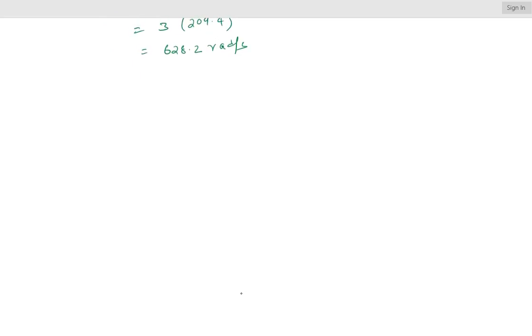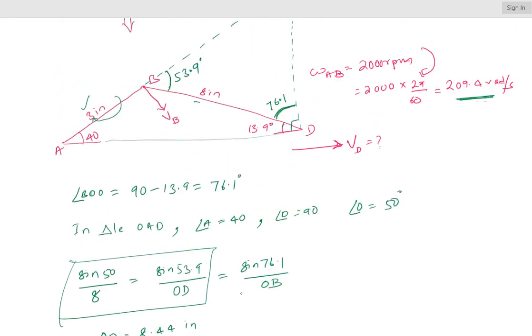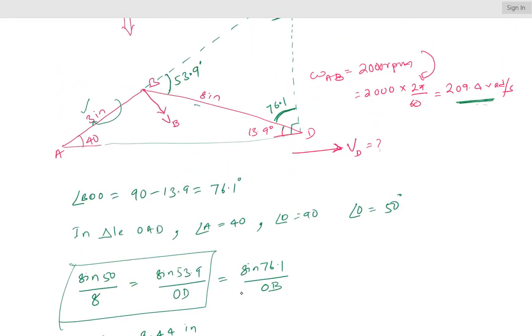But VB is also part of OB. B is attached to AB as well as BD, so the velocity of the joint B is coming from both the arms AB and BD.